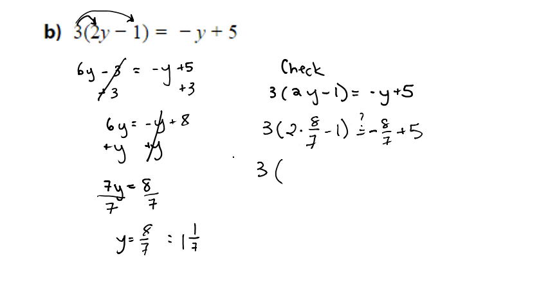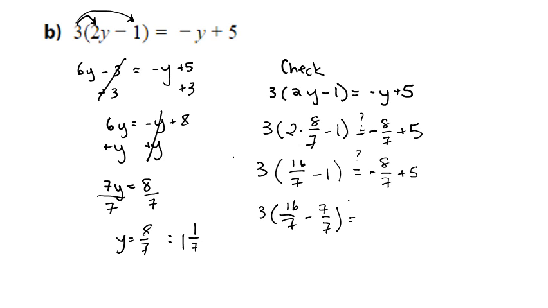So I'll have 3, and then I have 2 times 8 over 7, which is going to give me 16 over 7 minus 1. Is that equal to negative 8 over 7 plus 5? All right, 16 over 7 minus 1 is going to be equal to 16 over 7 minus 7 over 7. You can do this on a calculator too if you want.